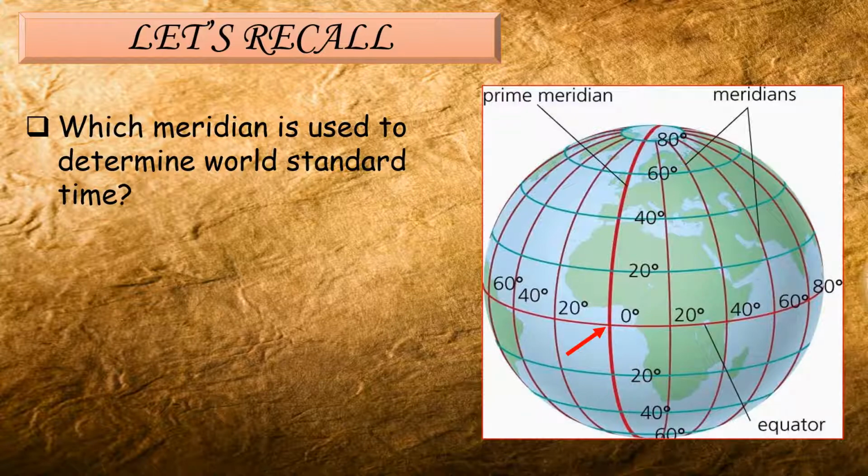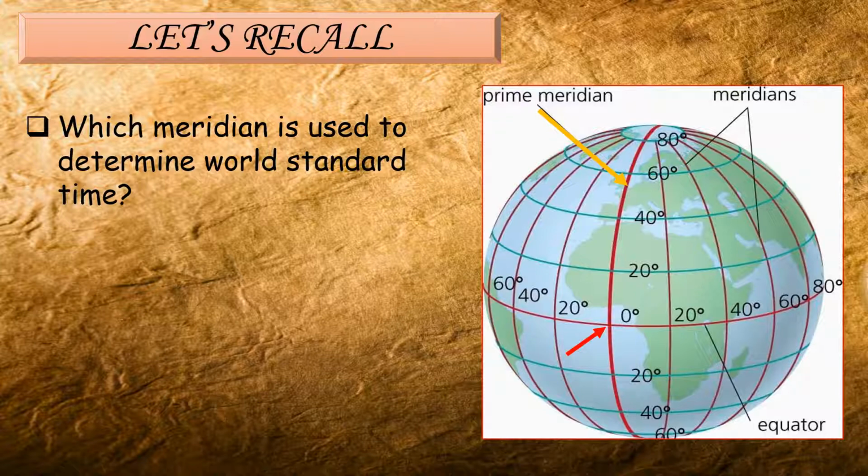You all know that we call it the prime meridian, and another name for it is Greenwich Mean Time, that is GMT. So students, what is the answer? The 0 degree meridian is used to determine world standard time.